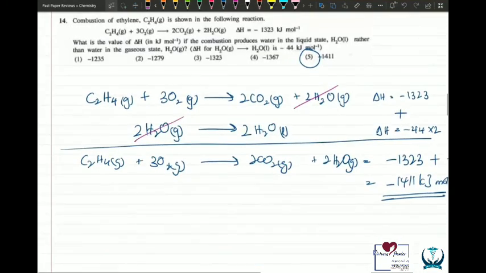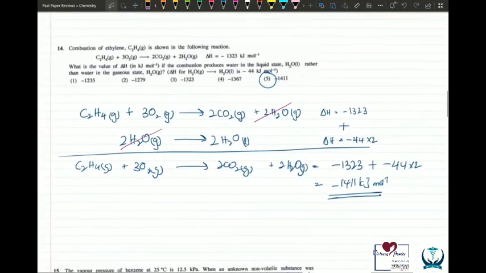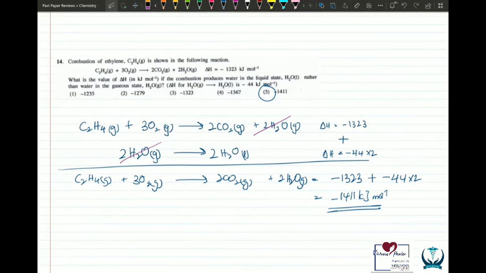Question number 14. Combustion of ethylene is shown in the following reaction. What is the value of delta H in kilojoules per mole if the combustion produces water in the liquid state rather than water in the gaseous state? So we have the equation first. We have C2H4 gas plus oxygen giving us carbon dioxide plus water gas.